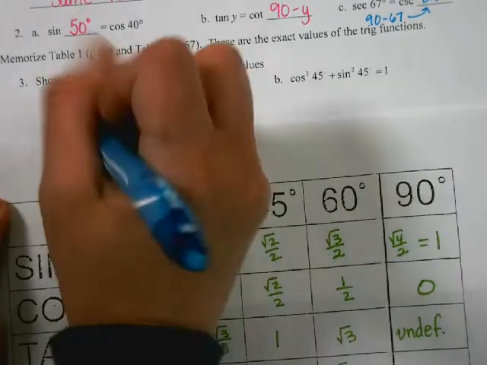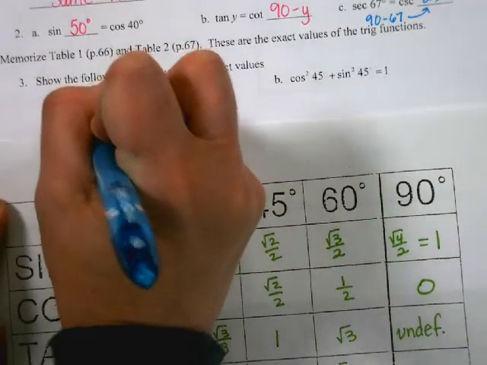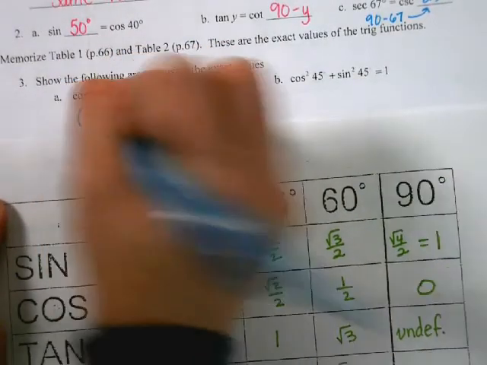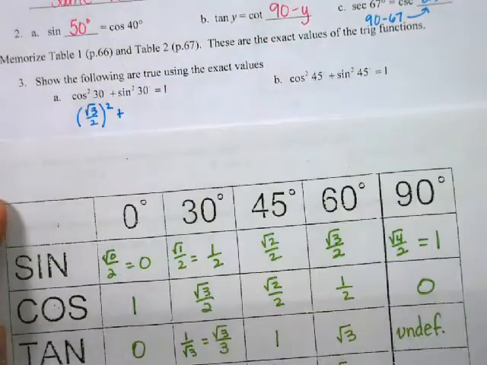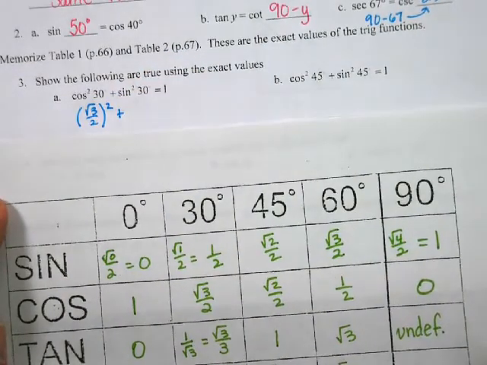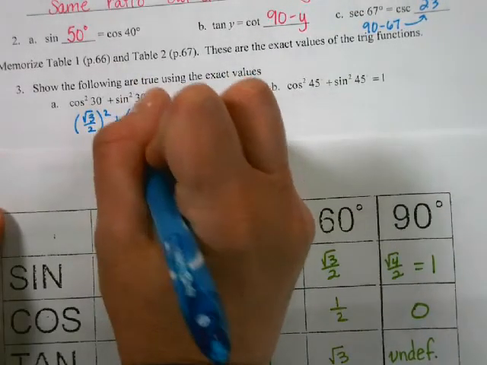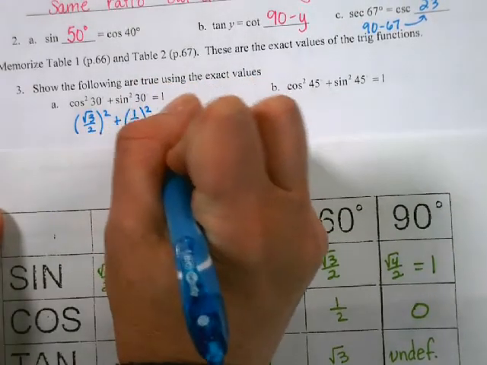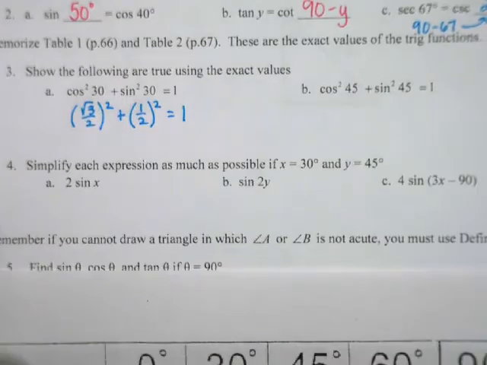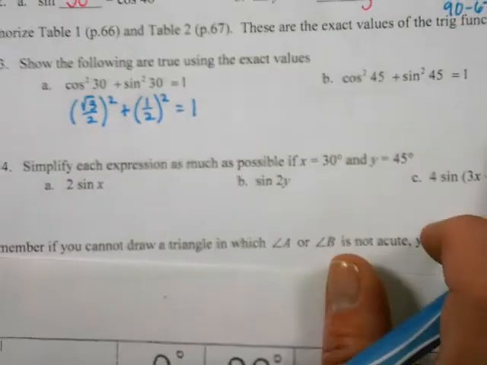Root 3 over 2. And I want to square that. And then what's the sine of 30? 1/2. And I want to square that. And hopefully, when I do all that algebra, I should get 1.